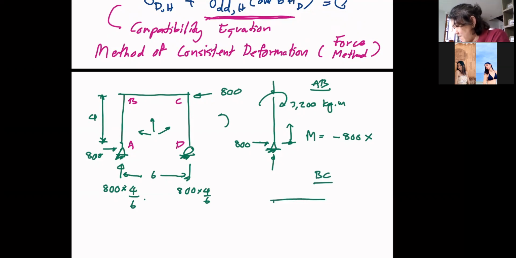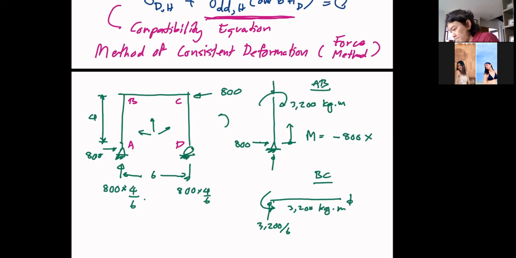My BC is going to have this moment coming with me, 3200 kilogram meter. And now this reaction is going to come: 3200 over 6. And that means this has to be another downward reaction. So now you have a choice.